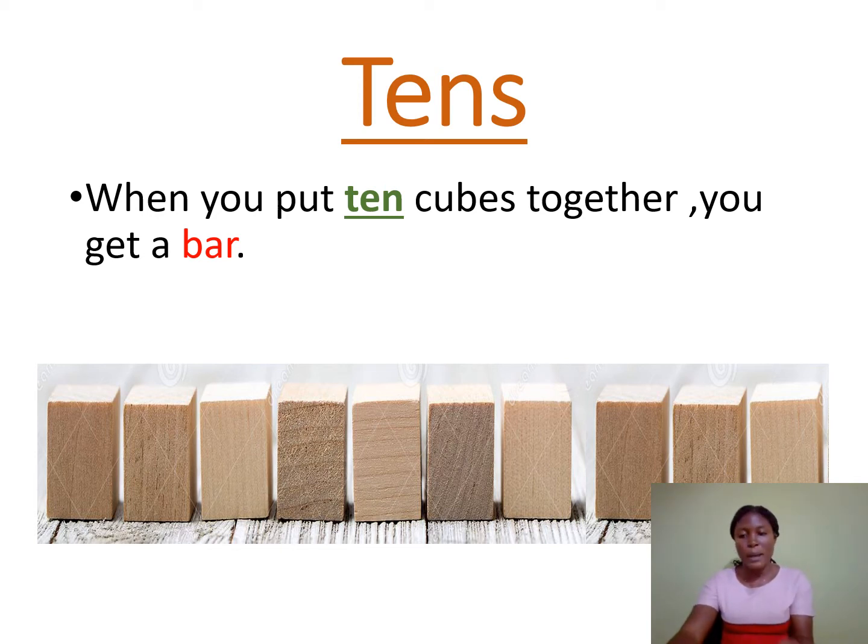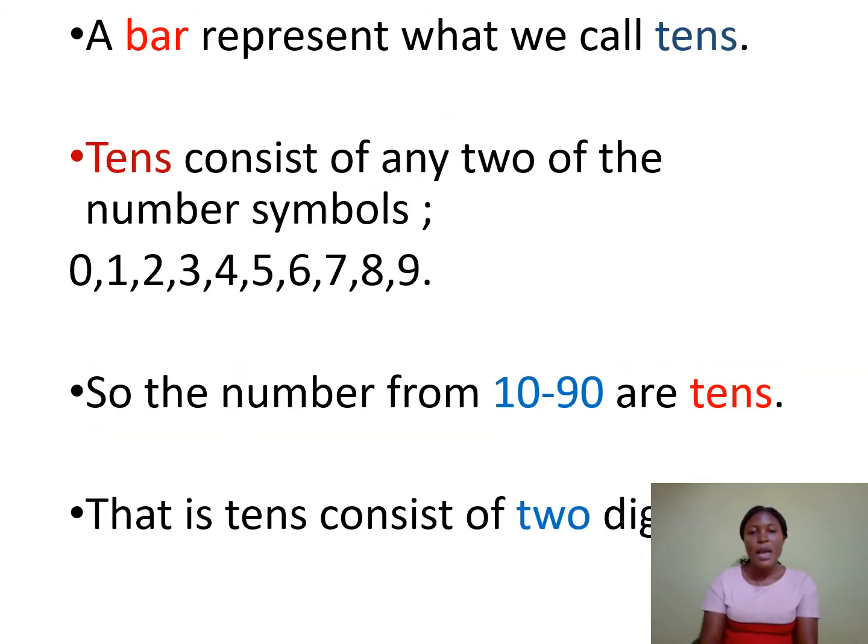Now let's see what a bar is. A bar represents what we call tens. Tens consist of any two of the number symbols.